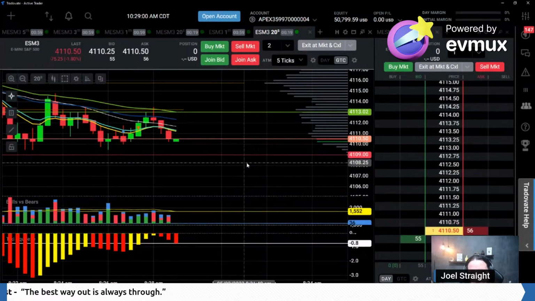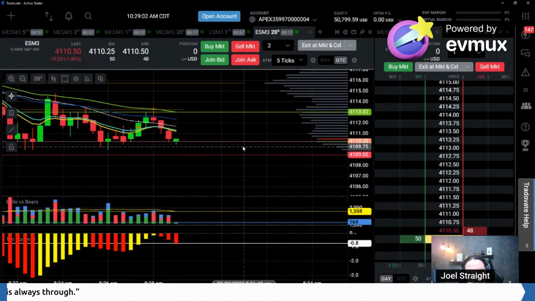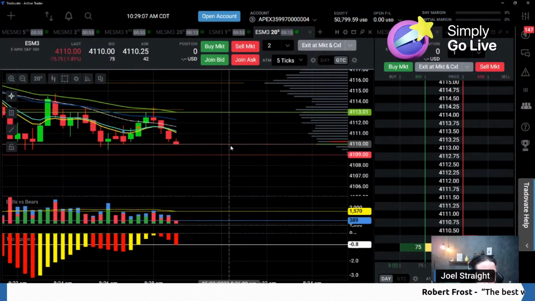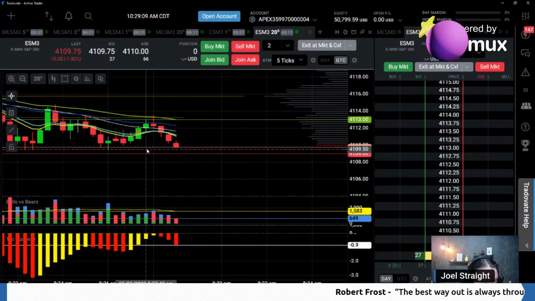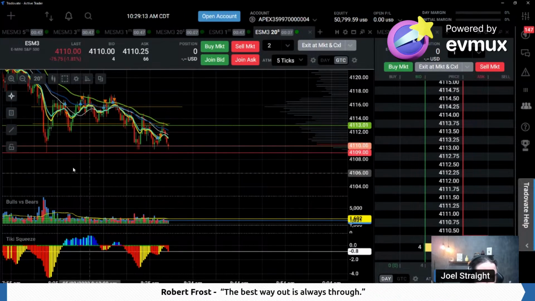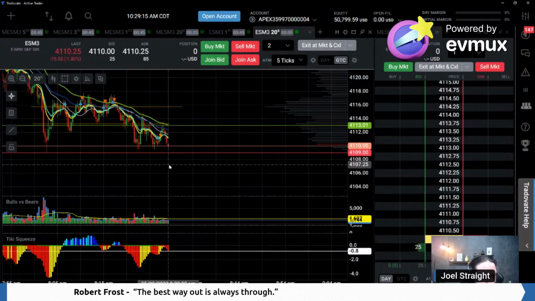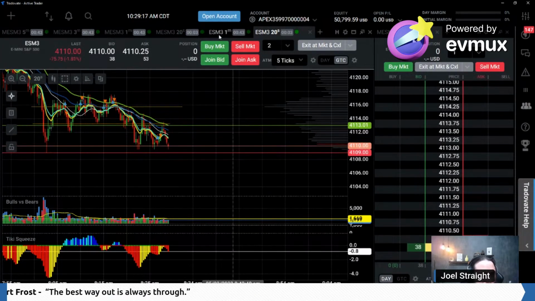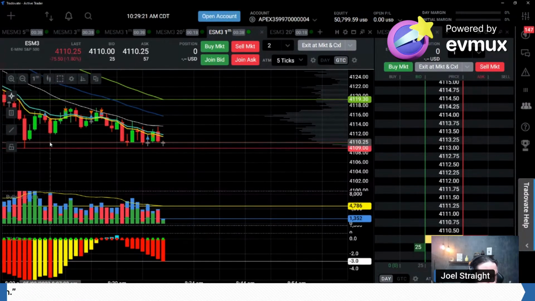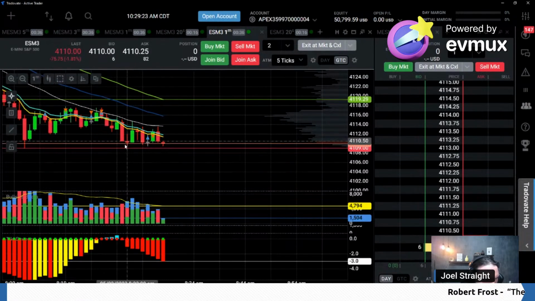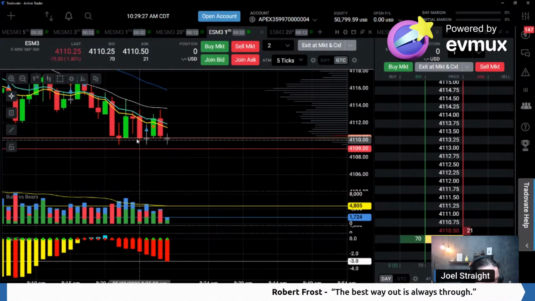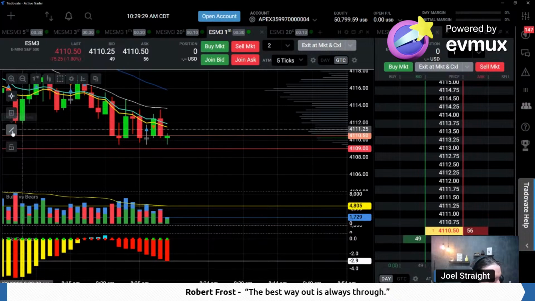Low of the day still at 4109, and we're right next to those lows at 4110 and a half. This area has held support now 4 times on the 20-second chart, and on the 1-minute chart, it's held it 1, 2. Well, it's pretty much held it a whole bunch of times.